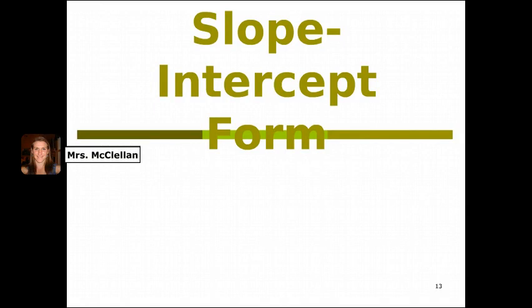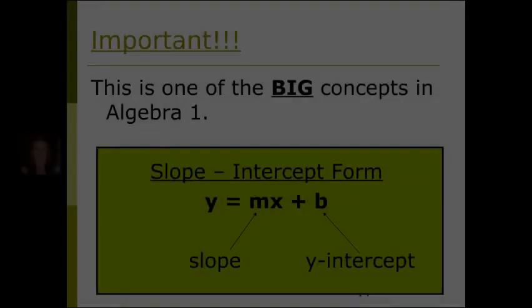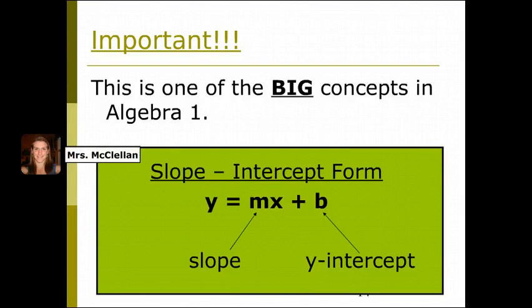So we're going to talk about slope-intercept form now. This is the biggest formula to know in Chapter 6. In order to write the slope-intercept formula, you start out with your variable y equals mx plus b.